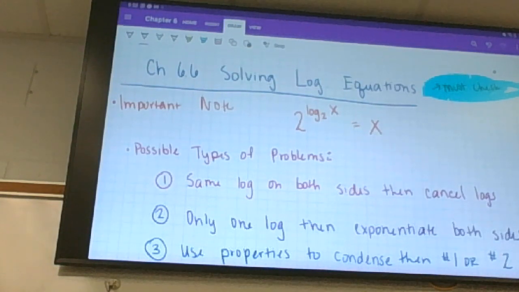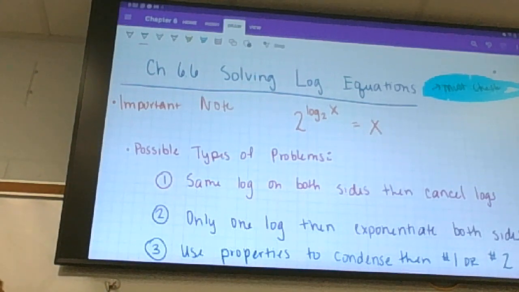So there's 3 types of problems. The first type is that it's the same log on both sides. That's the best case scenario, where you can just cancel out. You don't have to write this example. We're going to do one, but I'll just show you visually for a second.